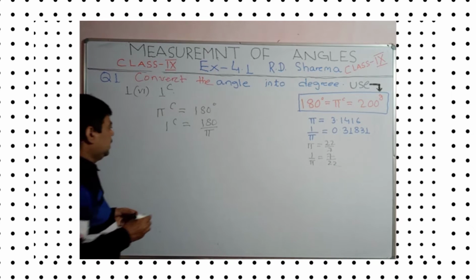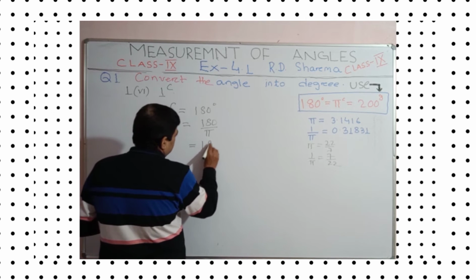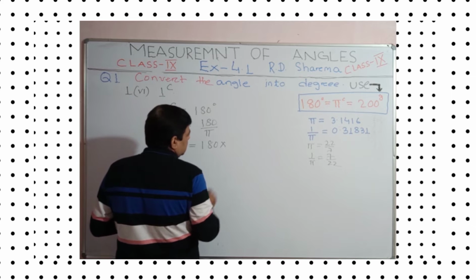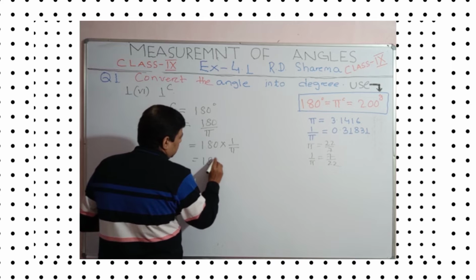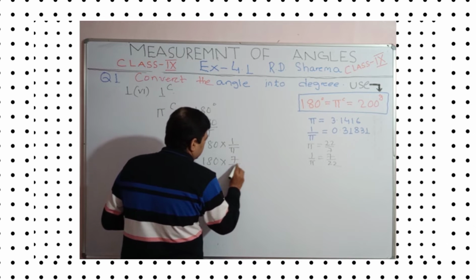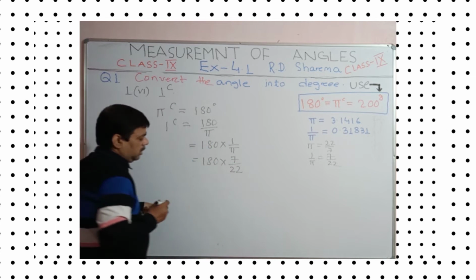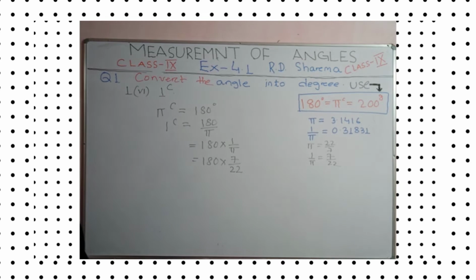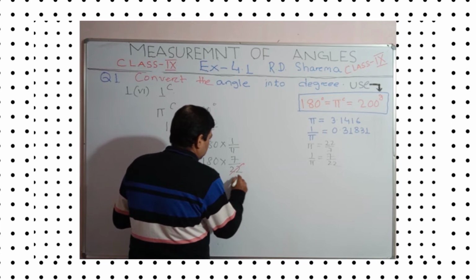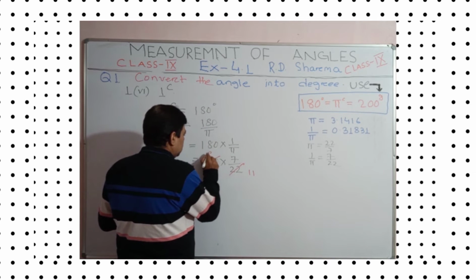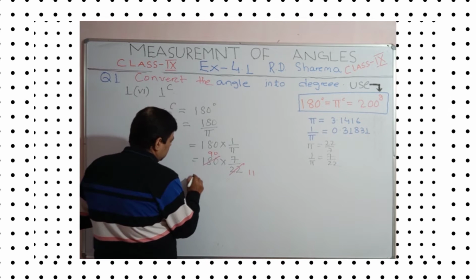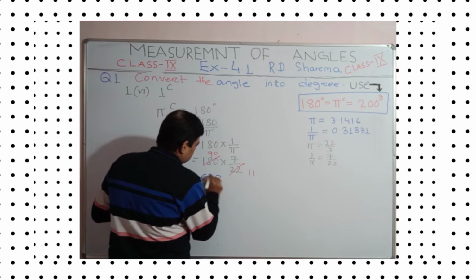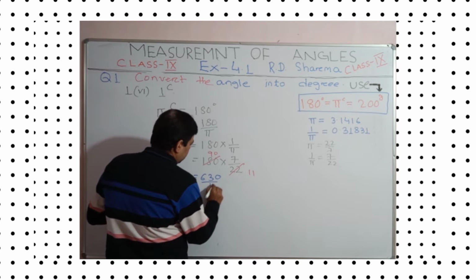So 180 into 1 by pi, and 1 by pi means 7 upon 22. Here you can cancel, 9 sevens are 63, so 630 by 11 degree.